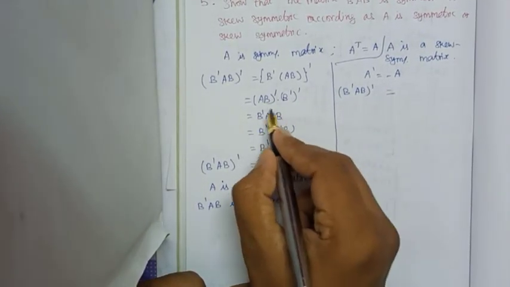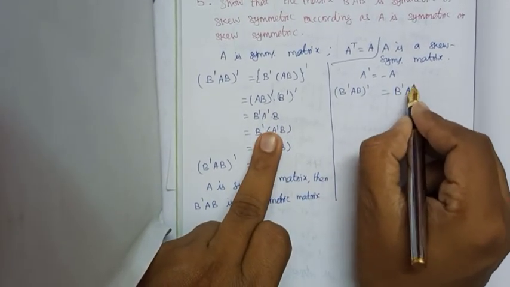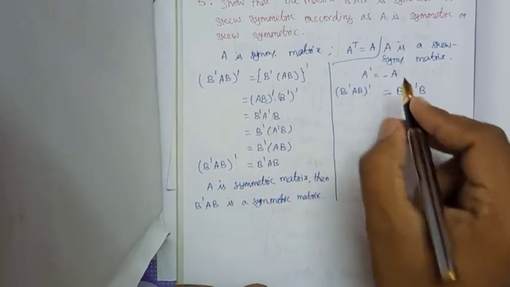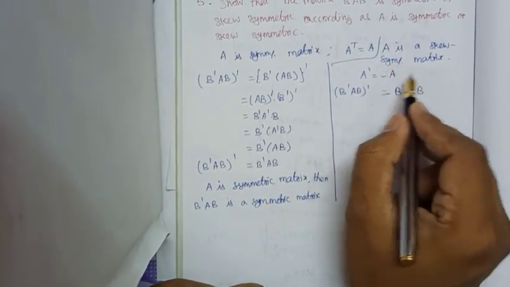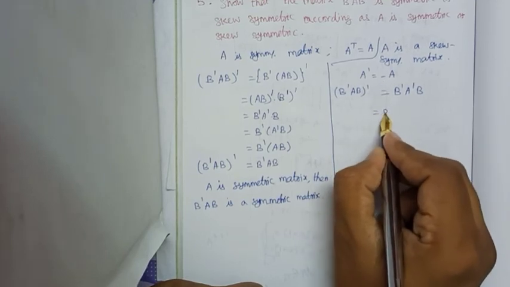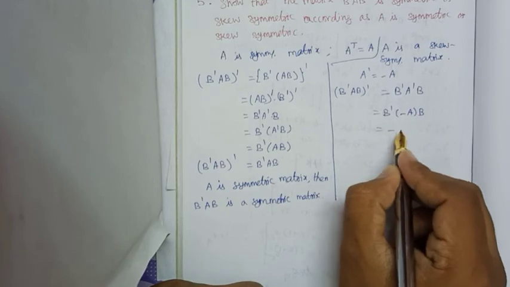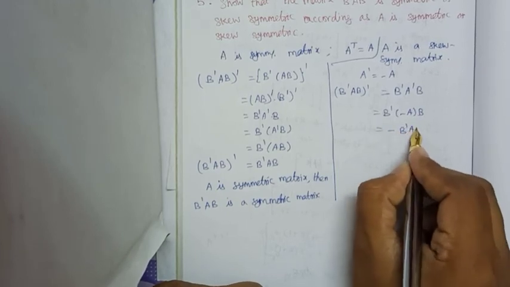So we directly take in the result. So I write the result B transpose into A transpose into B. Here A is a skew symmetric matrix. So A transpose is replaced by minus A. So B transpose into minus A into B. So we get minus B transpose into AB.